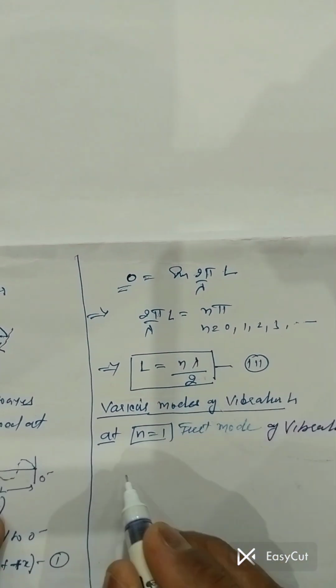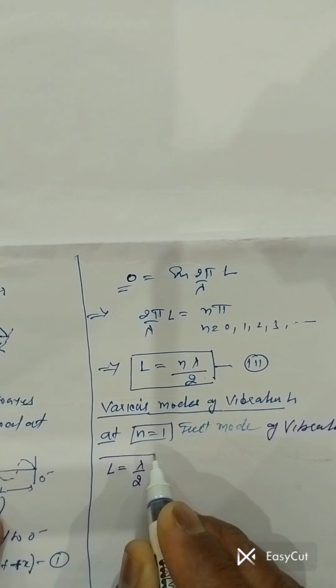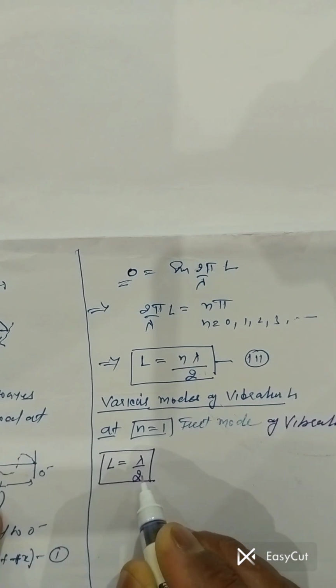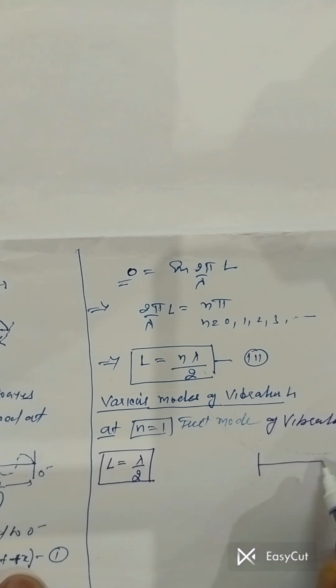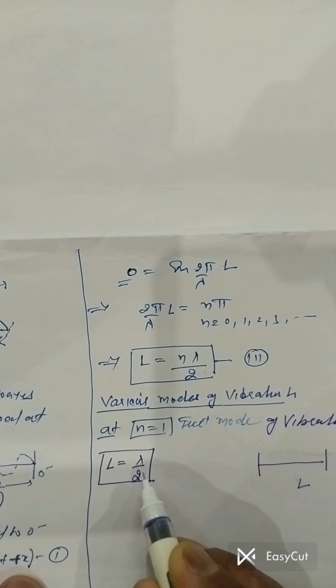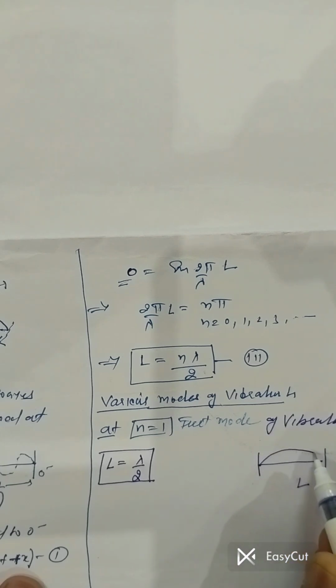Now putting the value of n, now L will be equal to lambda by 2. This is very important. Now it means that at complete length L, the total wave is half, means in this way. This is the incident wave.